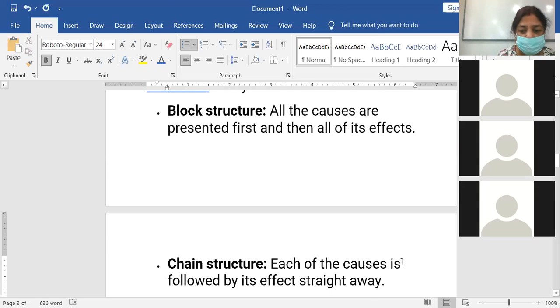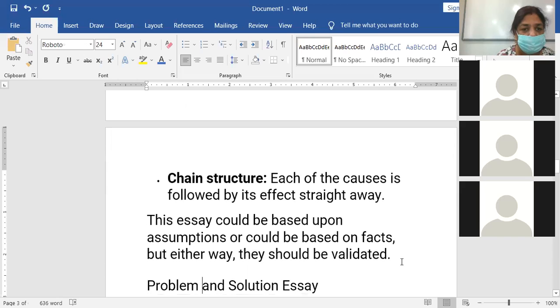And then there's the chain structure. One cause is stated, one effect is stated, like an earthquake happening. So compare and contrast chain and block structure.